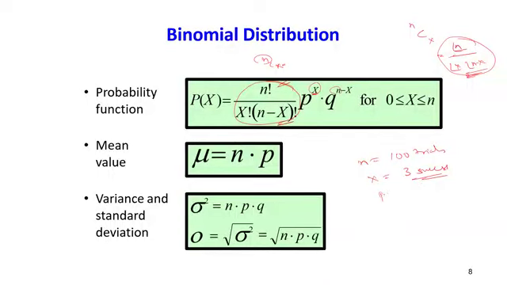And if I say the probability of success is 20%, if I know these three parameters, I will substitute them into this particular formula and I can find out the probability of getting 3 successes out of 100 trials. So with this binomial distribution, if I know what distribution would fit a scenario, then I will use this formula and I can calculate the probability. That is the use of this distribution.